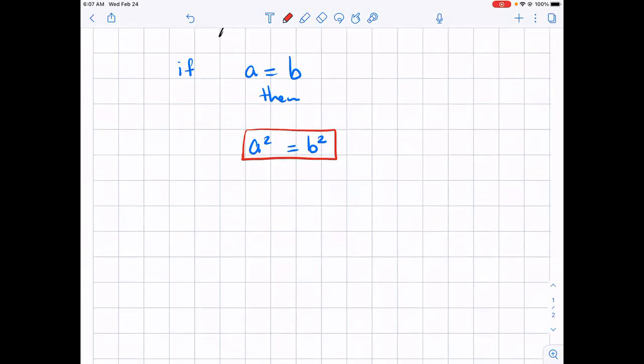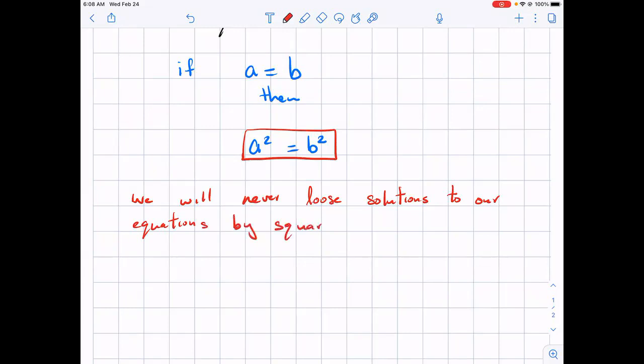So we never lose the solutions to our equation by squaring both sides.